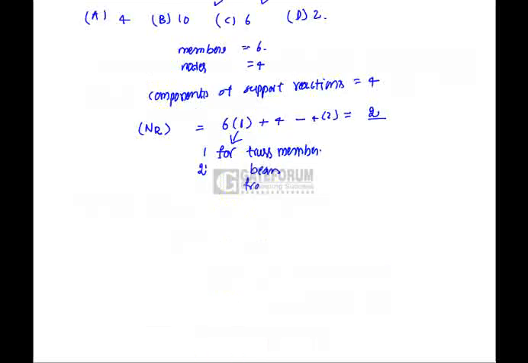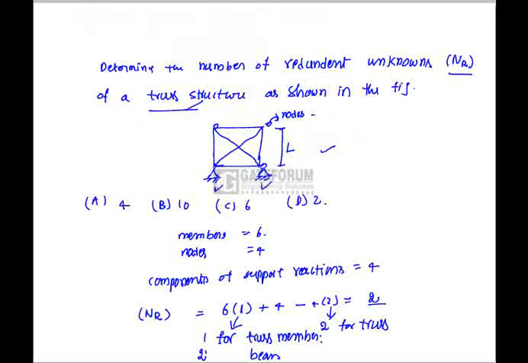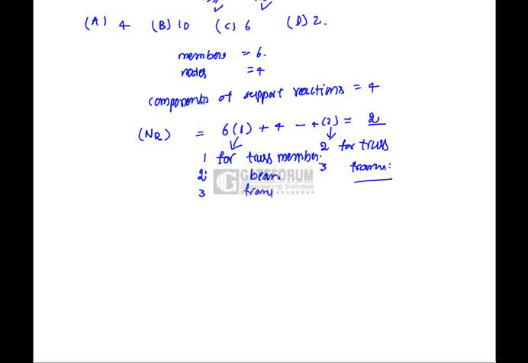For frames it has to be 3, and the 2 is for trusses because it is a truss, and 3 for frames. From this we can say the number of redundant unknowns of the structure is 2, or degree of static indeterminacy is 2. So option D is correct.